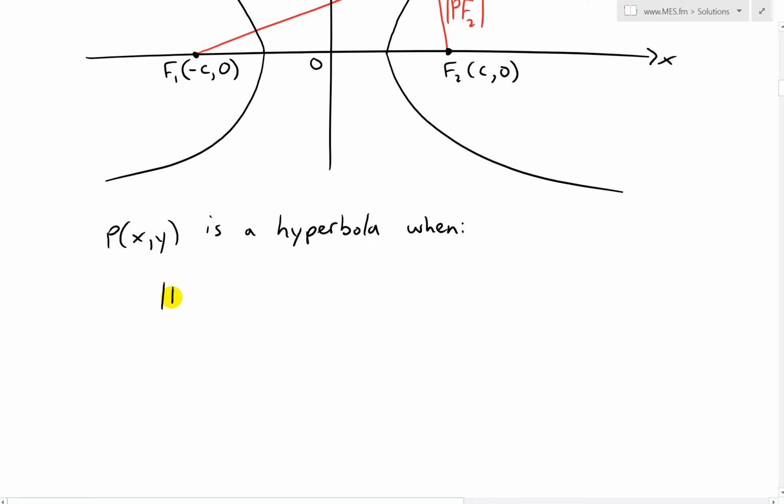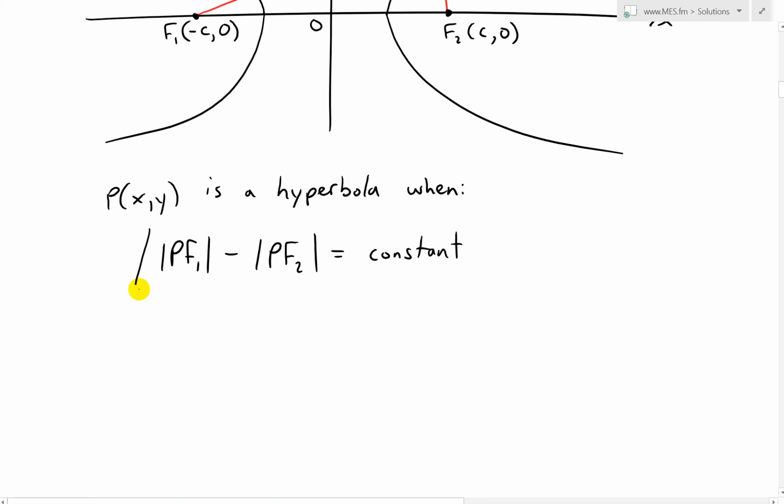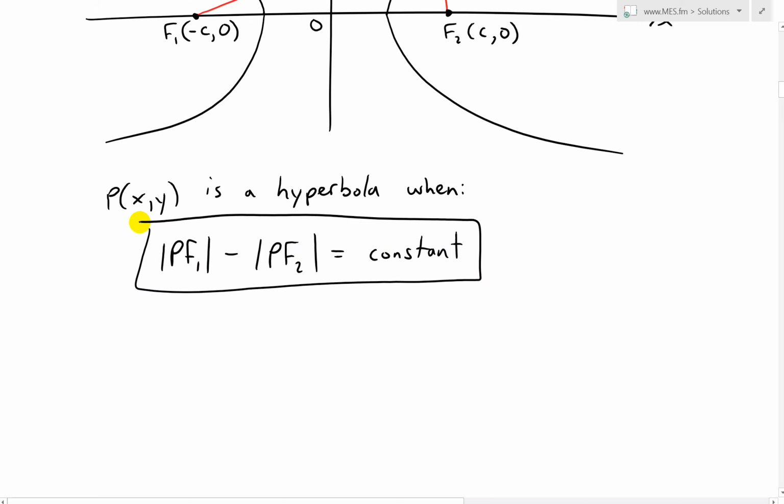In other words, absolute value of p f1 minus absolute value of p f2 equals a constant. And likewise, if you have the other one subtracted from the first, you'll also get a constant. It'll just switch signs from minus to positive. So I'll just circle this. So basically that is the definition of a hyperbola.